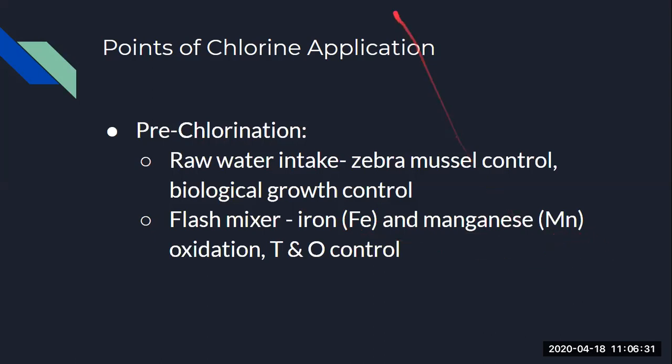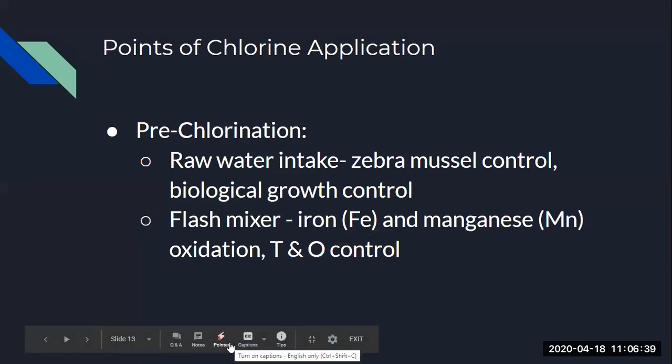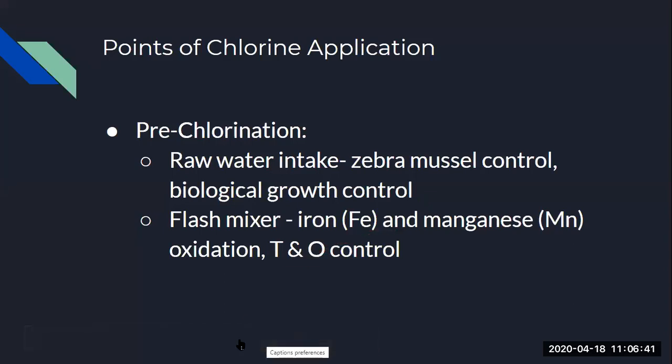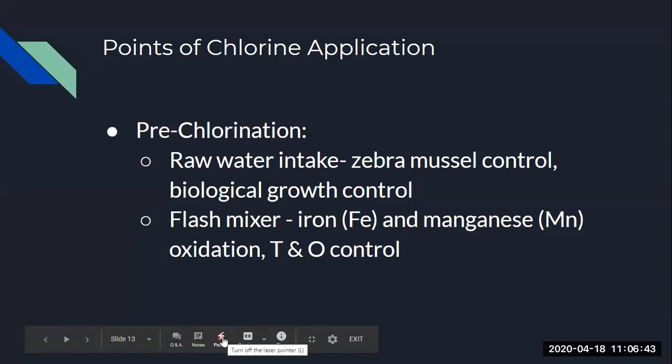Now that might sound a bit confusing, but if you did science at school, you will know that an ion, I-O-N, refers to particles that are either positively or negatively charged.